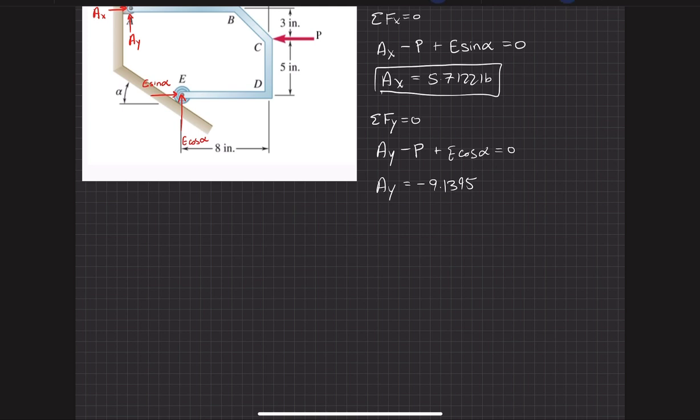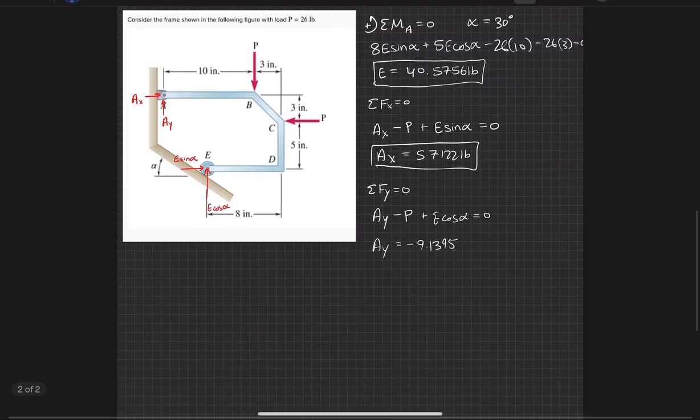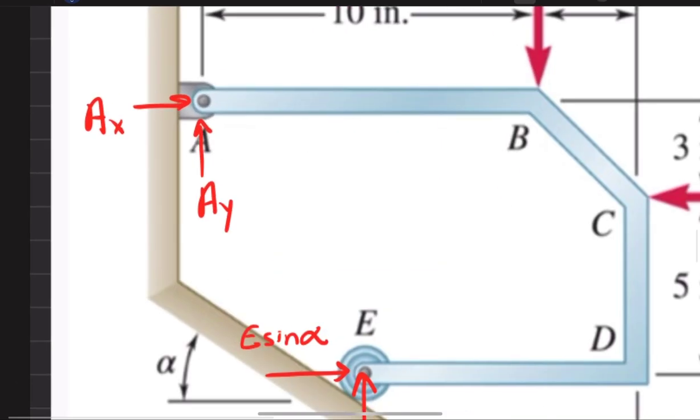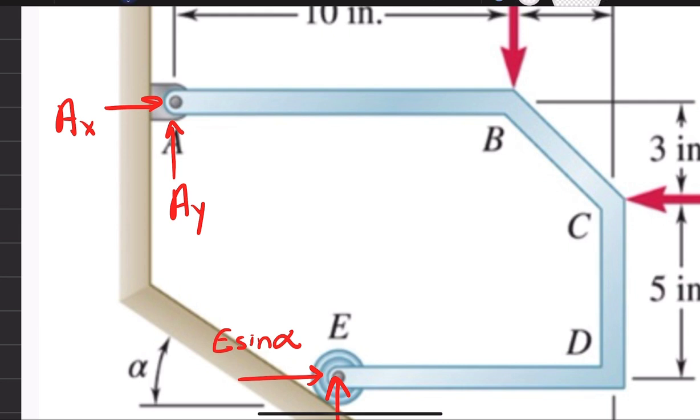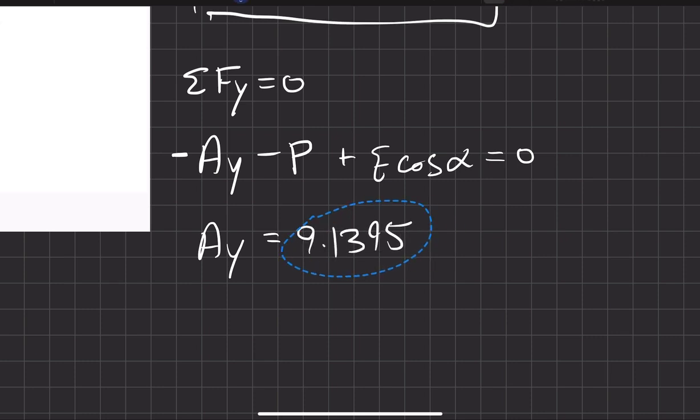What this negative symbol basically tells us is that, as you can see in our free body diagram right here, I assumed Ay to be upward. Because this is negative, that means that the force of Ay is really pointing downward. So if we had drawn Ay pointing downwards like this, then in our equation, this Ay would become negative right here, and then that negative would cancel out, leaving us with the positive value.